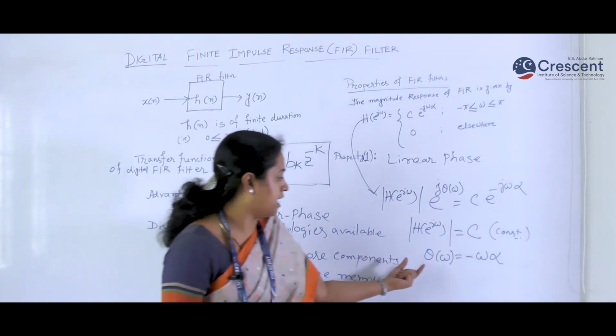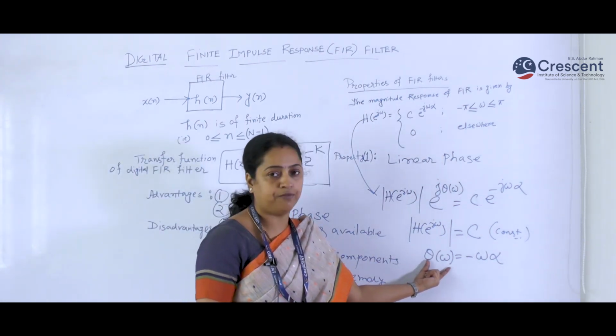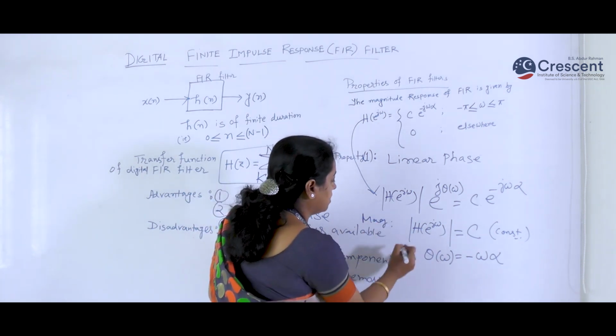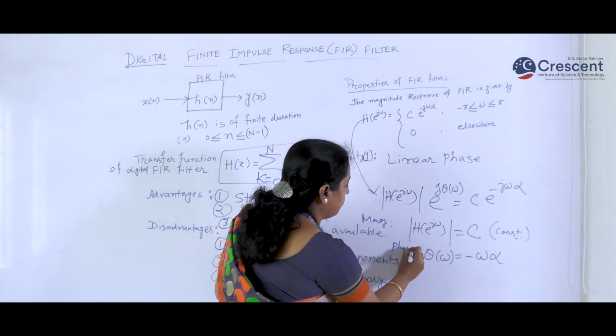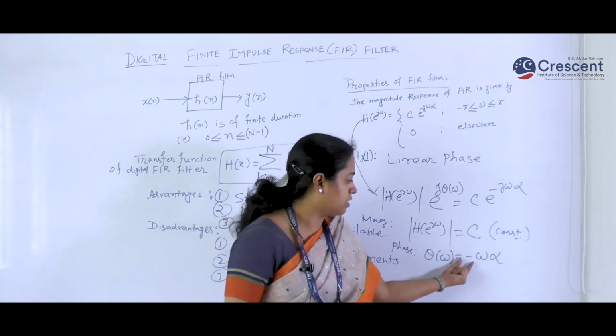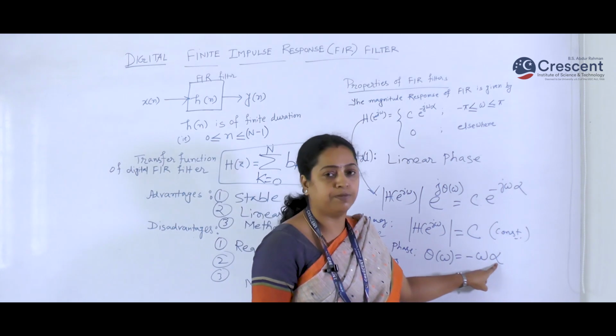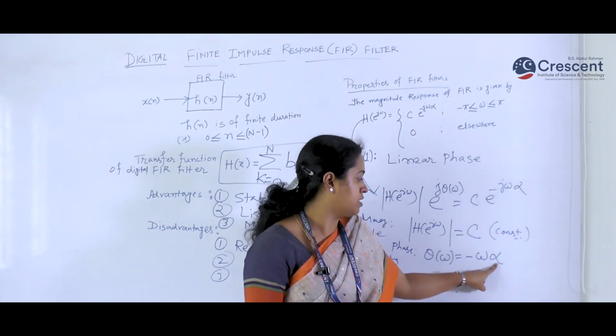You can see that this is the magnitude, and this is the phase. So the phase of FIR filter is equal to minus omega into alpha. Alpha is the center of symmetry, which is also one constant value.